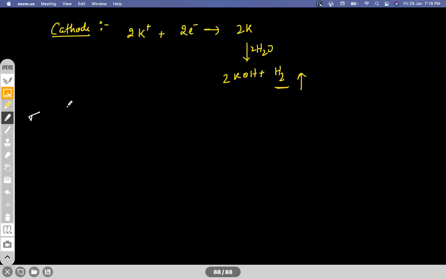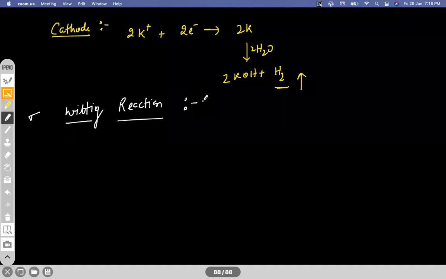Another reaction we have, Wittig reaction. Write down, it is the preparation reaction of alkene.